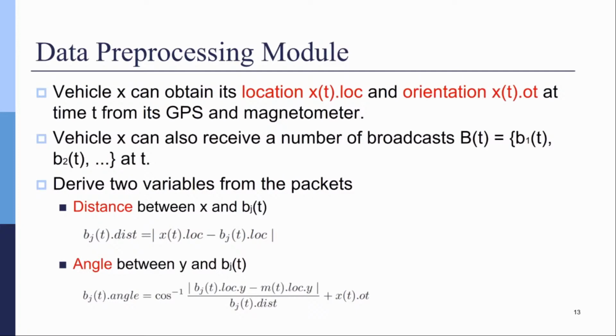We identify each packet by using the notation BJ. Then, the data preprocessing module will derive two features between X and any packet BJ. They are distance and angle. The equations are as follows. Here angle is a relational angle between vehicle X and BJ.